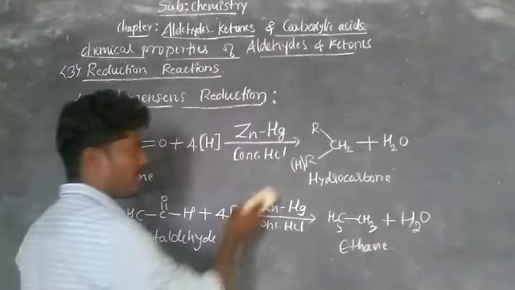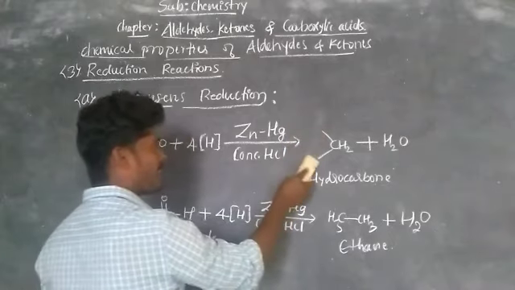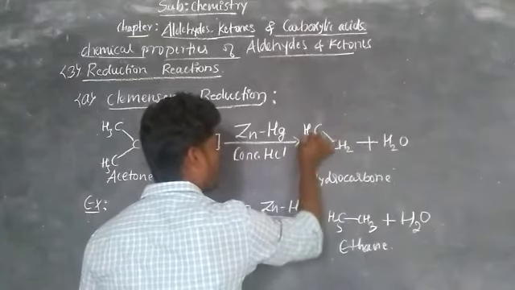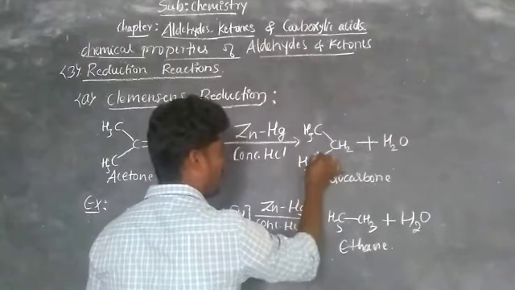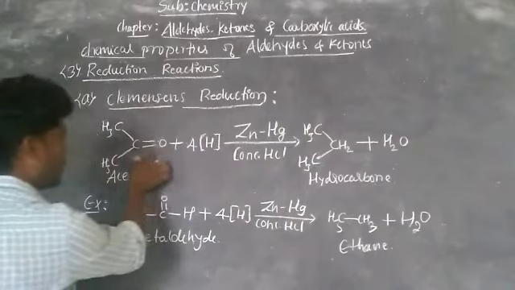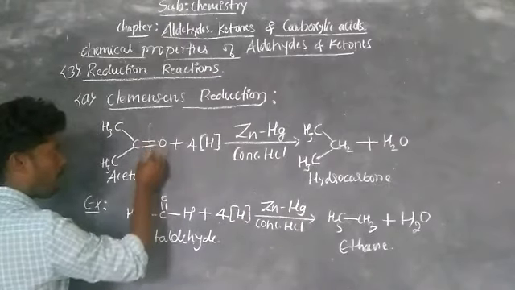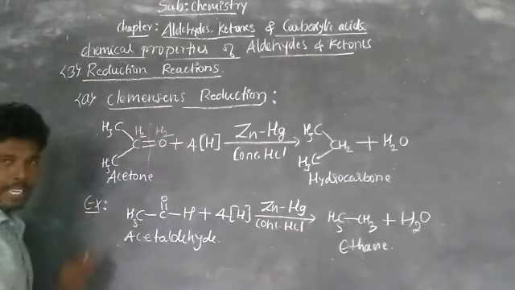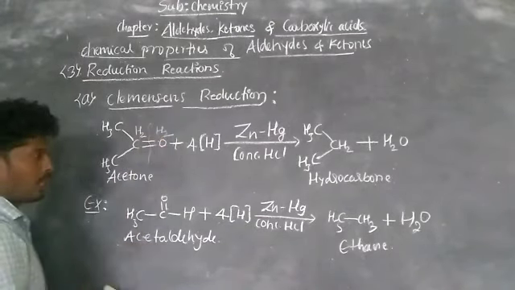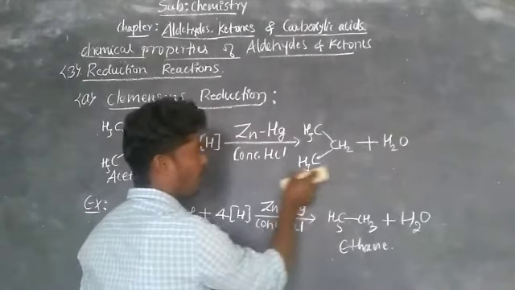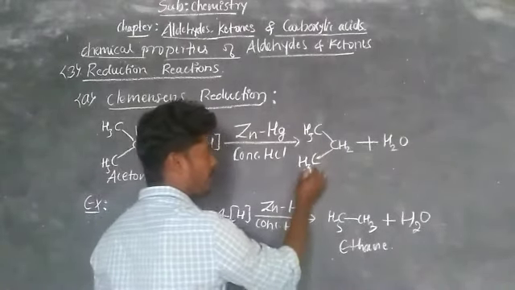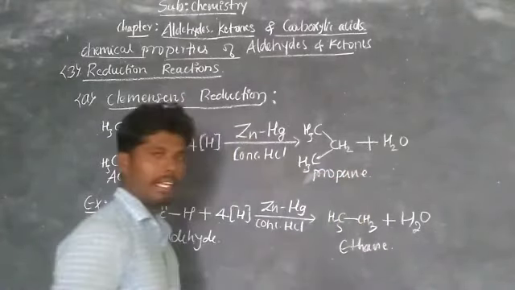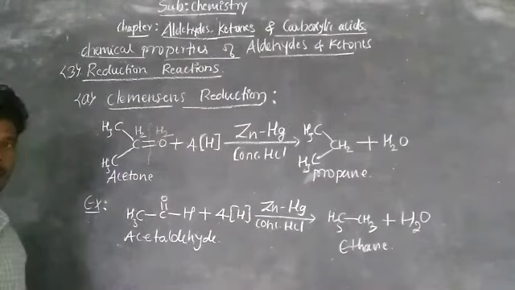What you get: in place of R, write CH3, CH3 bond CH3. Now this CO group becomes CH2, out of the 4 hydrogens. The bond is broken, 2 hydrogens from this side and 2 hydrogens from this side. You get CH2 and H2O. How many carbons are there? 1, 2, 3. That is propane. Three carbons and being an alkane, propane. So this is called Clemmensen's reduction.